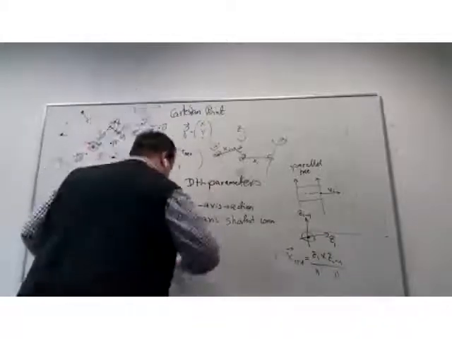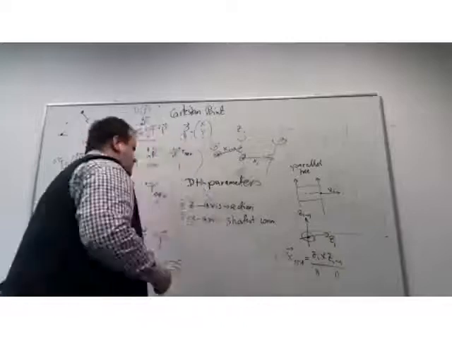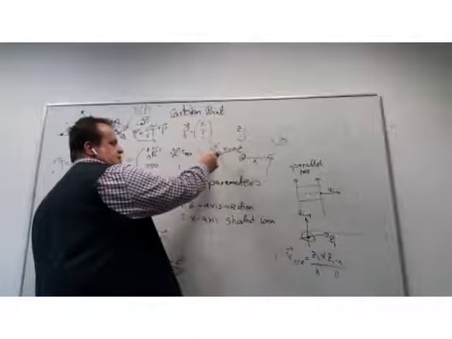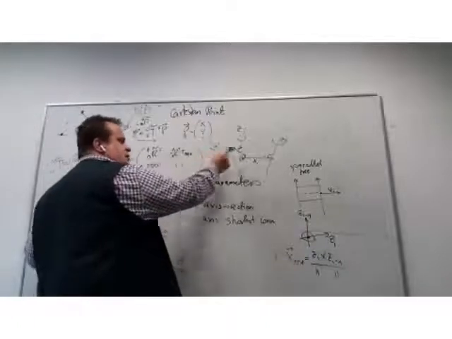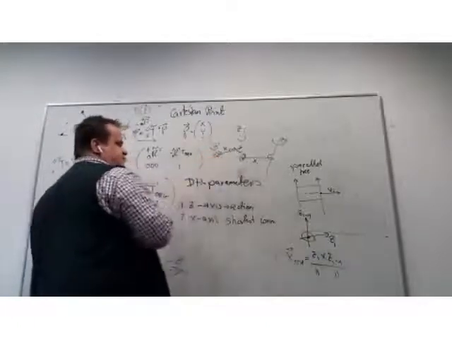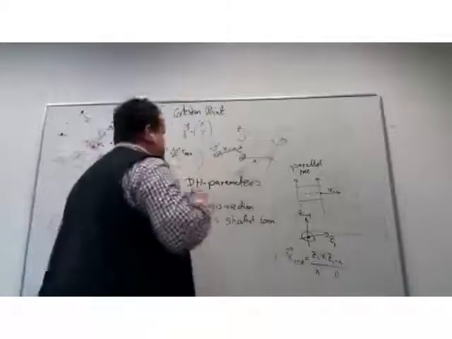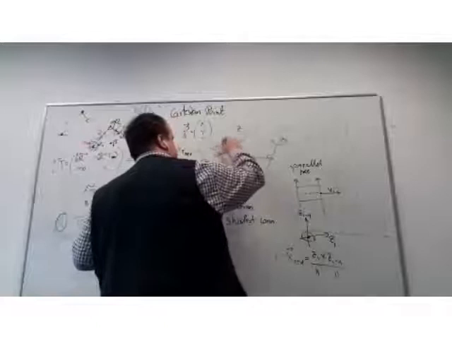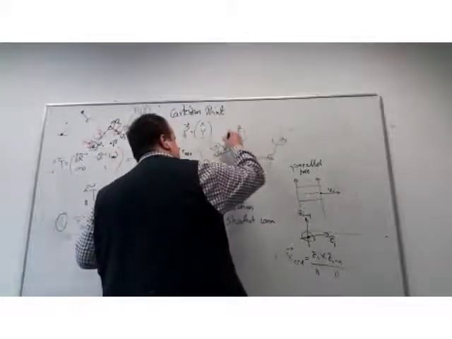So now, what are my parameters? When I travel from this orientation step to the next one, what do I need to do? I'm going from a minus 1.